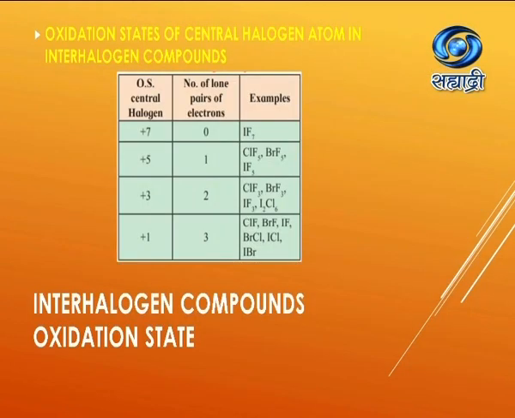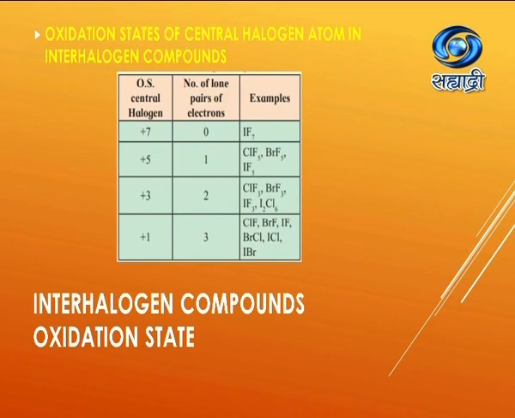Oxidation states of the central halogen atom in interhalogen compounds. Oxidation state of the central halogen and the number of lone pairs of electrons. The first example is iodine heptafluoride. We saw that the oxidation state of the central halogen, that is iodine, is +7.